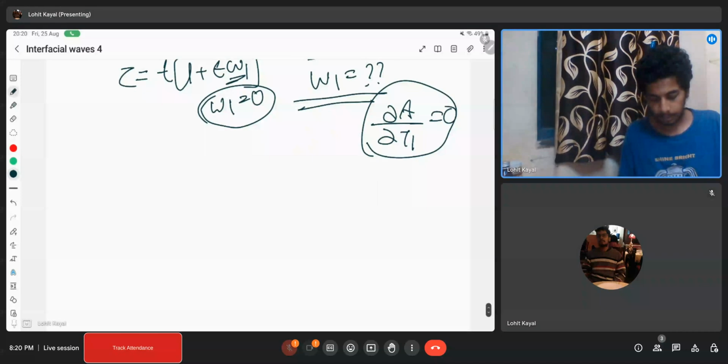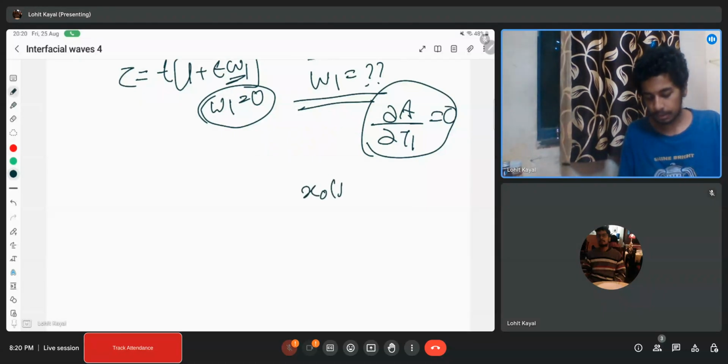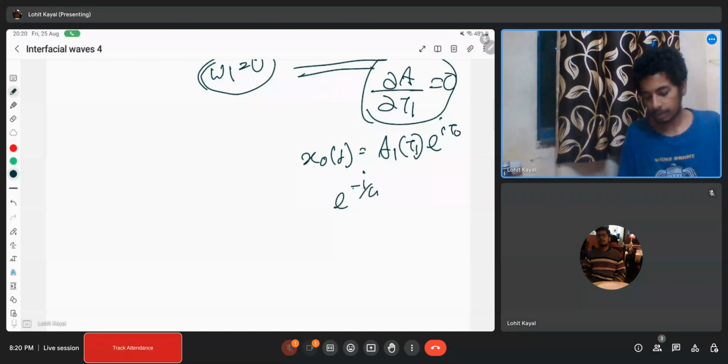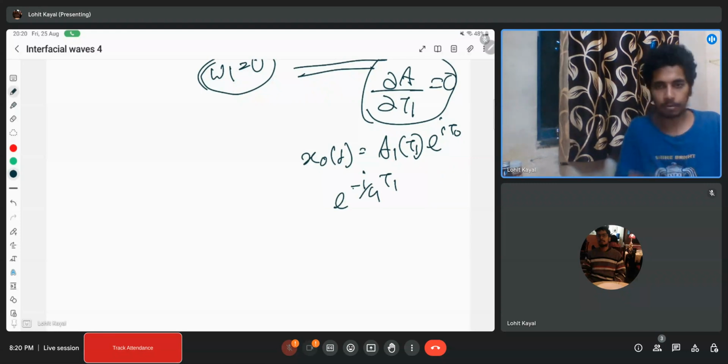see what happened in the multiple scale technique: your x0 of t was some A(T1) into e to the power i t0. Now, if A(T1) is some function of T1, like e to the power i by 4 T1, it can be possible in some problem. Here in this problem, this is 0. So A is constant.